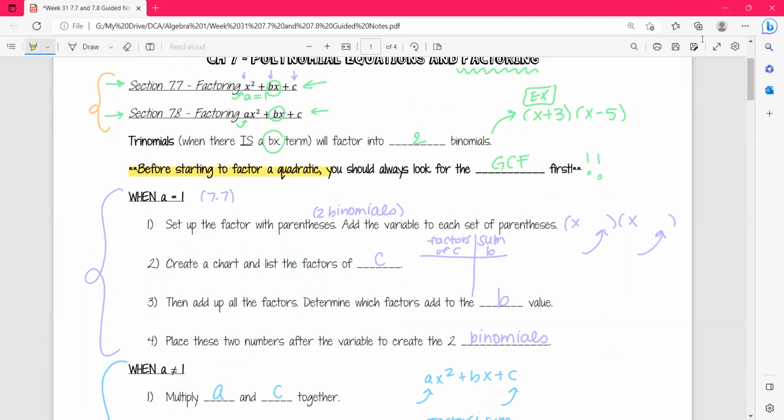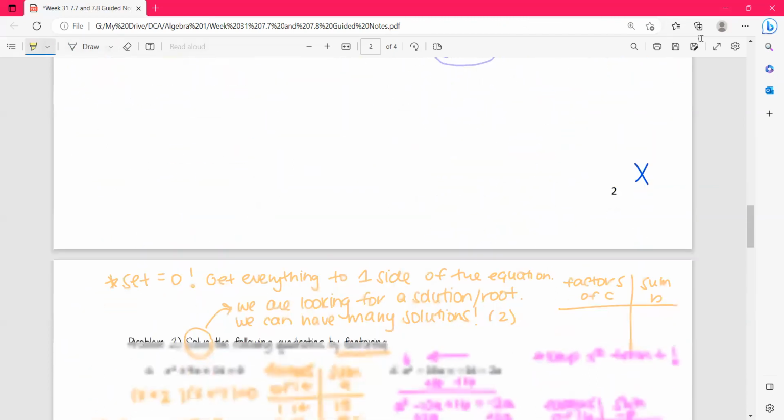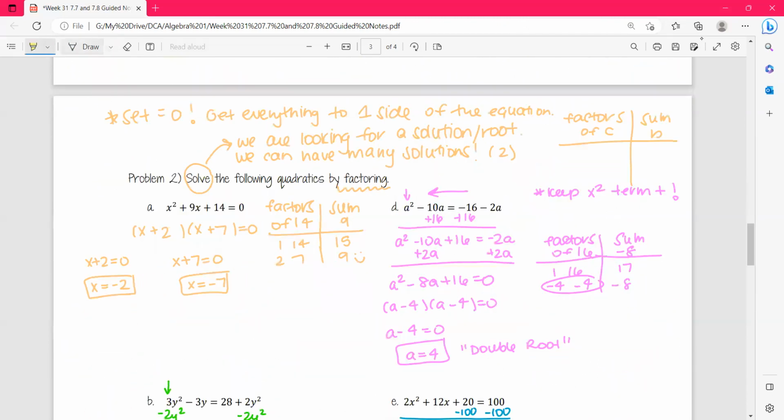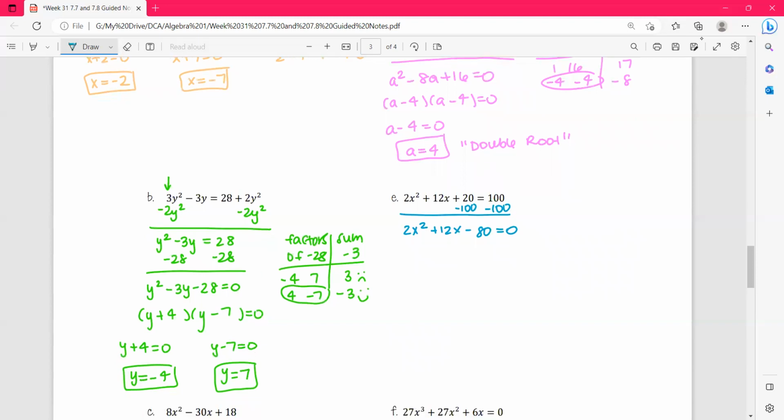Before starting to factor a quadratic, you should always look for a GCF first. And that is what happened here for the first time ever. If you look at this, my a equals 2, so that means I'd have to go through that long process of factoring. I don't need to if there's a GCF. Notice there's a GCF here, and that is a 2. If I factor out a 2, now my a equals 1, and it's way easier to factor.